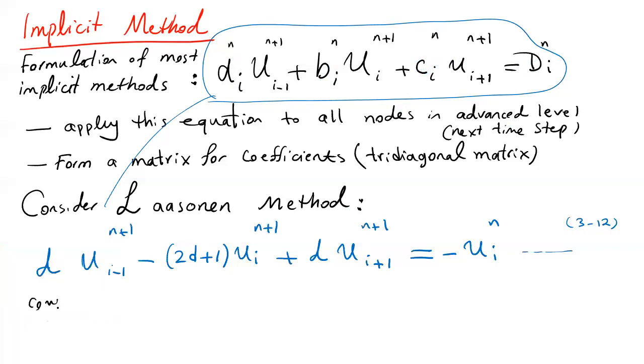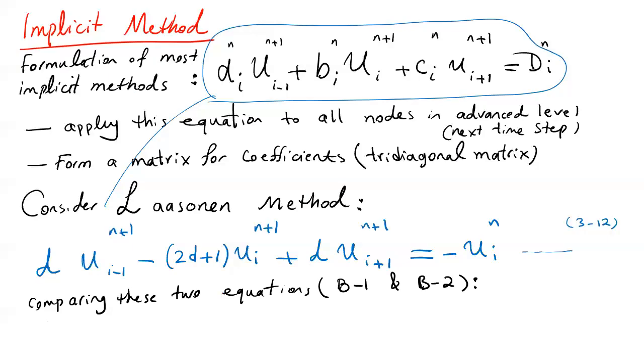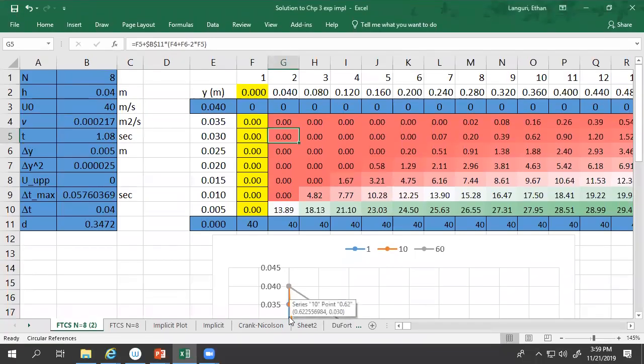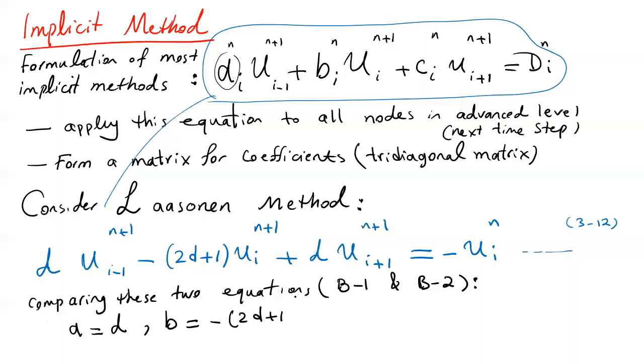So comparing these two equations, which is from the handout you have in the appendix, which is B1 and B2, I have A equal, what is A? D, there you go, because this is the coefficient of U(i-1). B equal minus (2D+1).